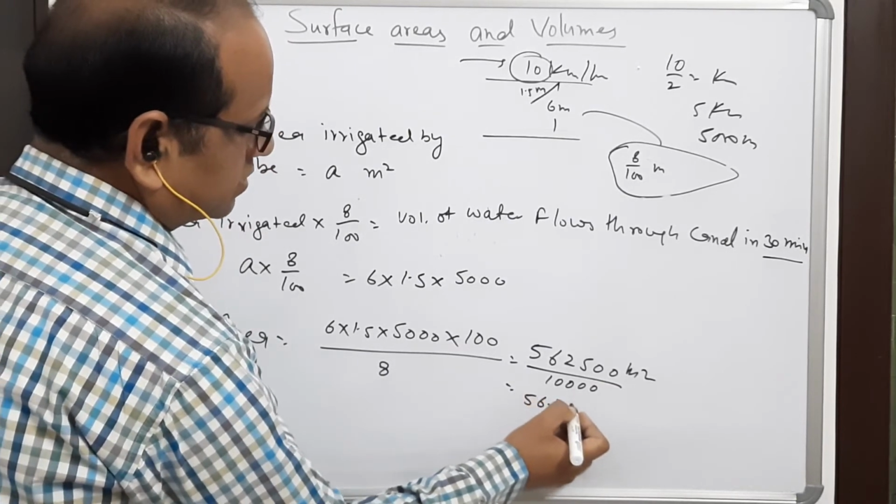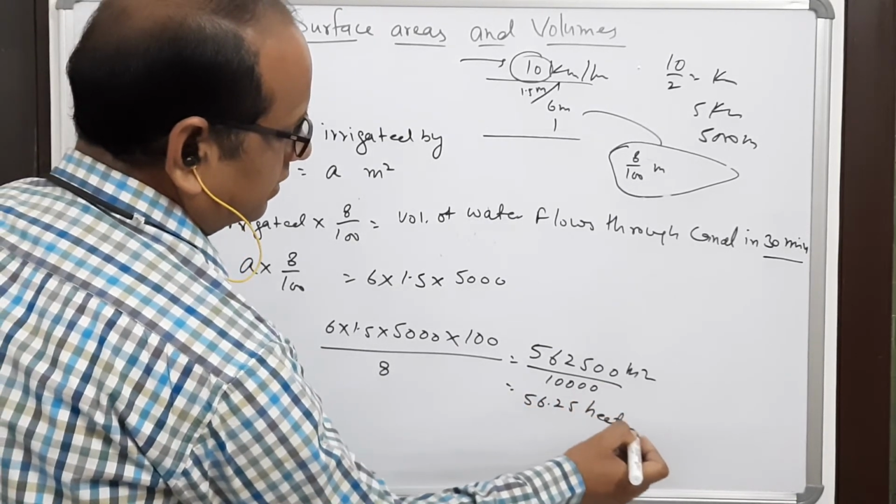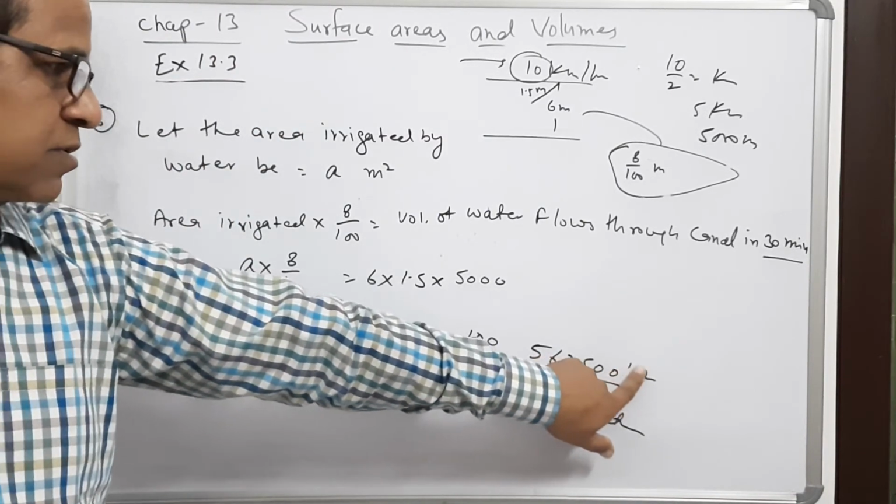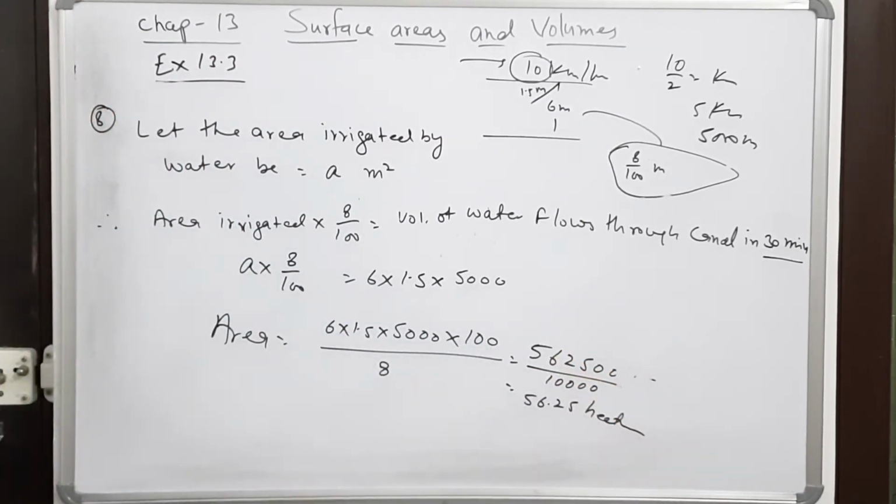So 56.25 hectare is the answer for this. You can write your answer in meters also. Both are correct here. So that much area will be irrigated by the canal in 30 minutes. That is the answer of this sum.